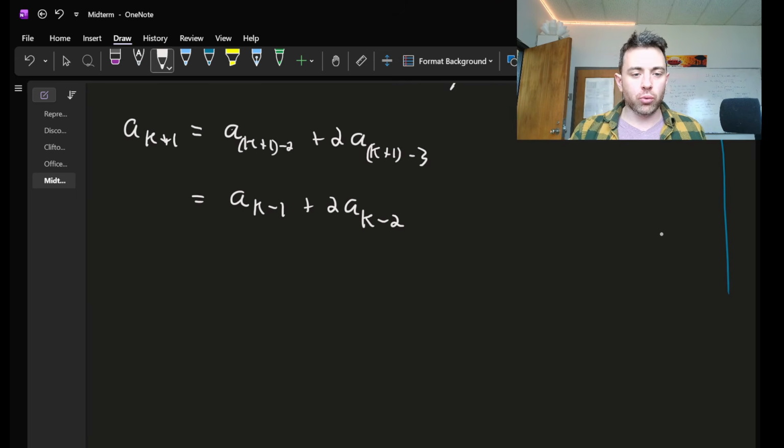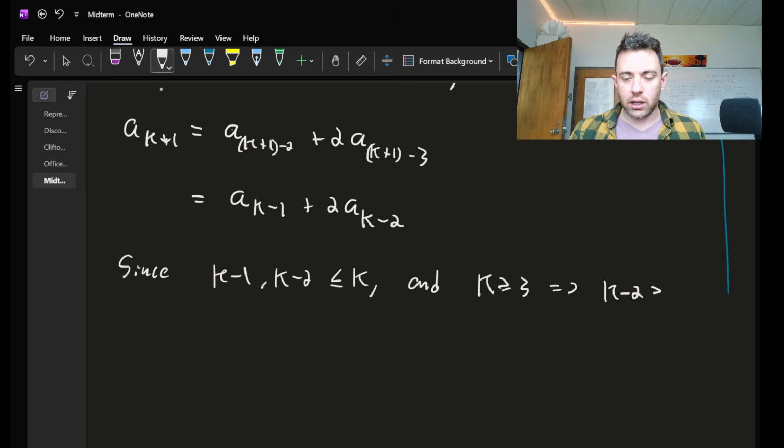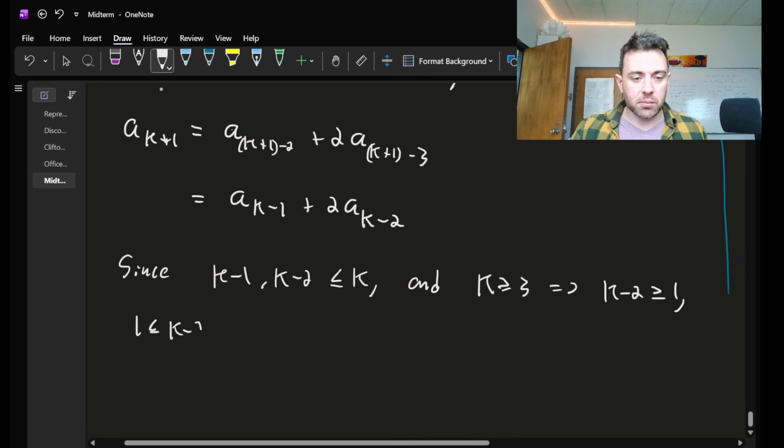So we could say something like, since k minus 1, k minus 2 are both less than k, and we need to argue that they're both bigger than or equal to 1, and k is assumed to be at least 3, which implies that k minus 2 is at least 1. Now we get that k minus 2 is at least 1, k minus 1 is at least that, so those are both in the range.